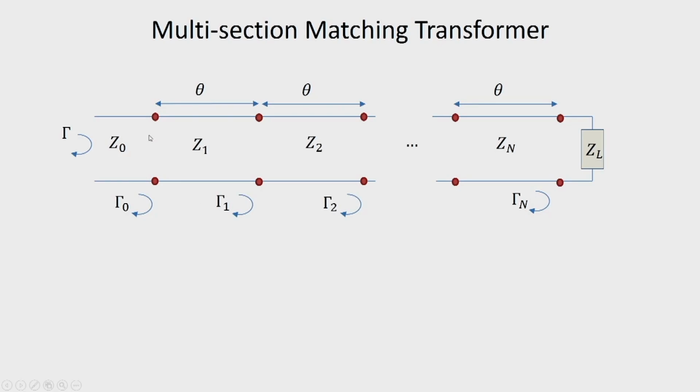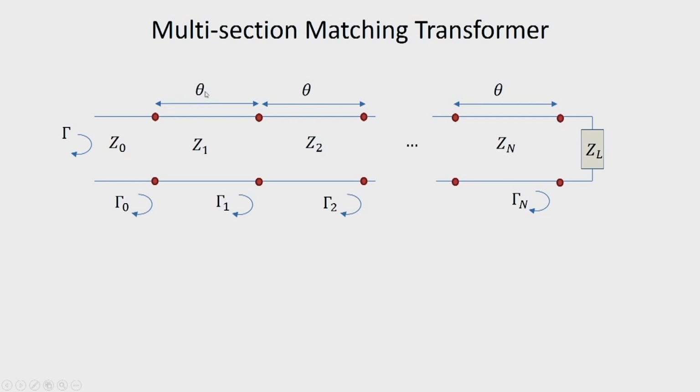So, we have seen the theory of small reflections. Let us now consider a multi-section matching transformer. The figure shows a multi-section matching transformer, where we have capital N number of sections.